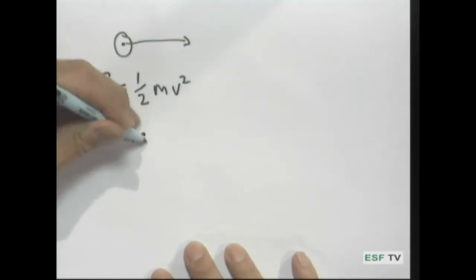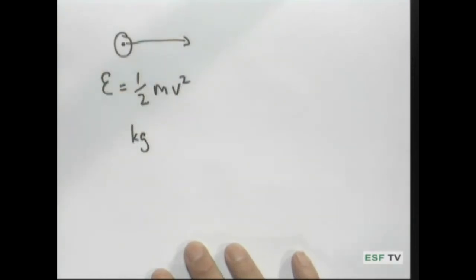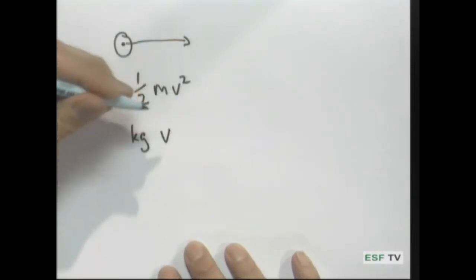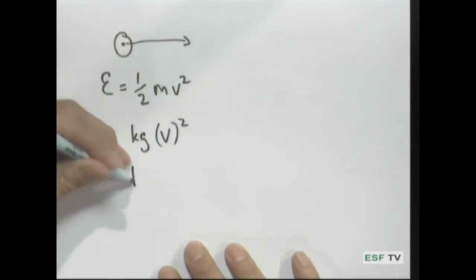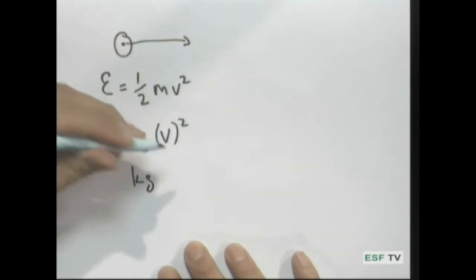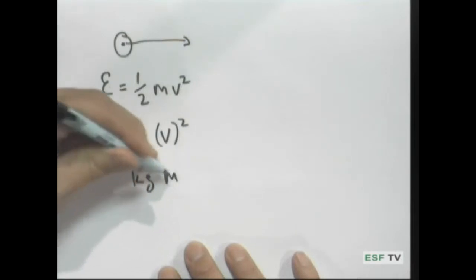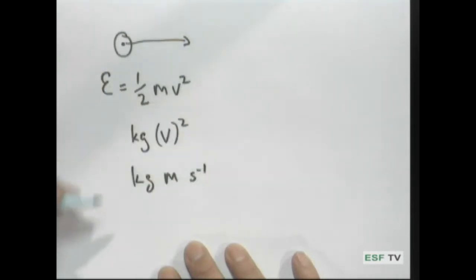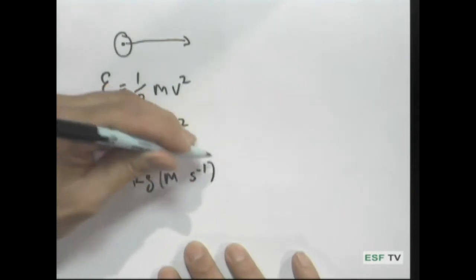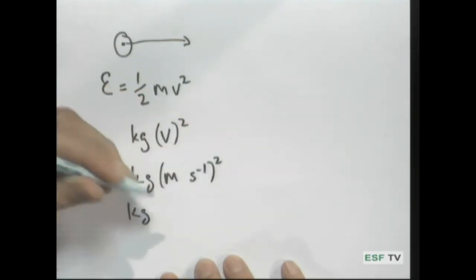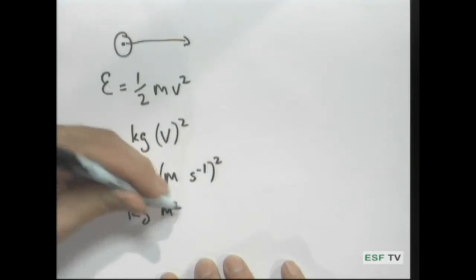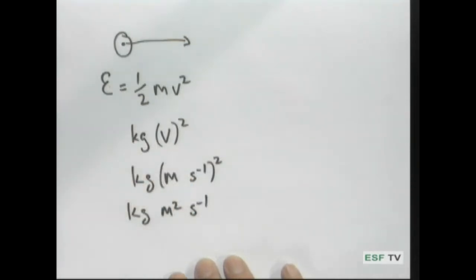We have kilograms, that's mass, times velocity squared. We know that velocity is meters per second to the -1. We square this, and we end up with units of kilograms meters squared per second to the -2.